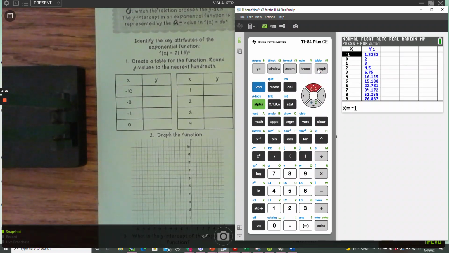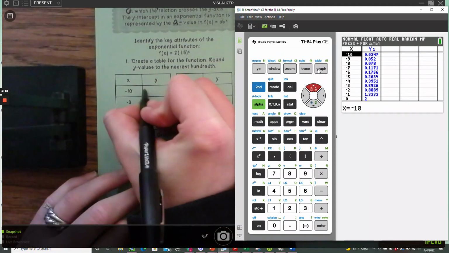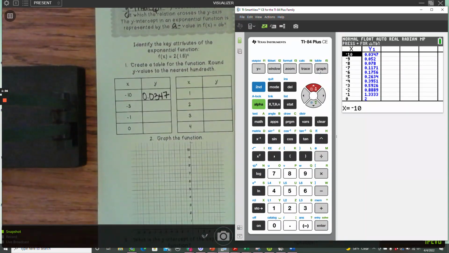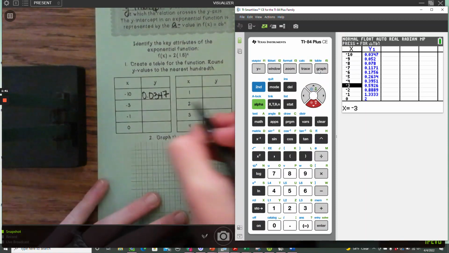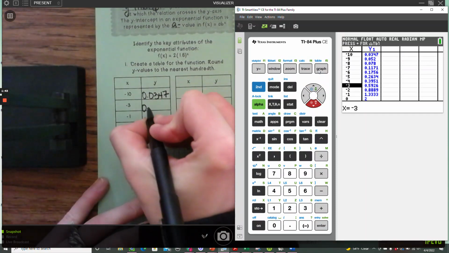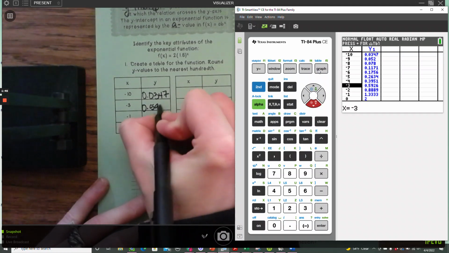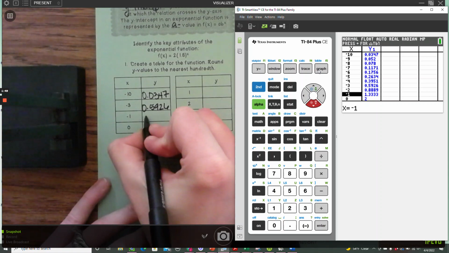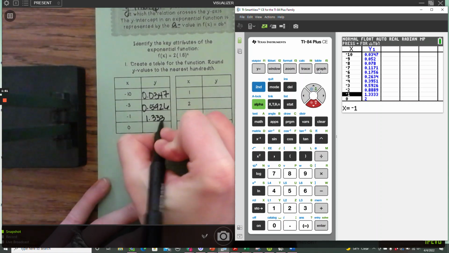Alright, so my first x value is negative 10. So negative 10, we've got 0.0347. And then negative 3, which is 0.5926. And then negative 1, looks like it's 1.3 repeating.